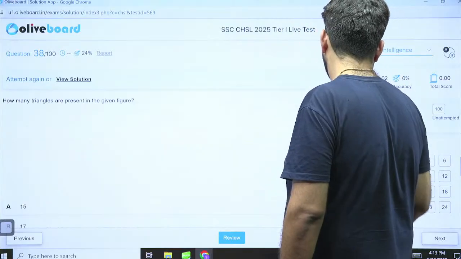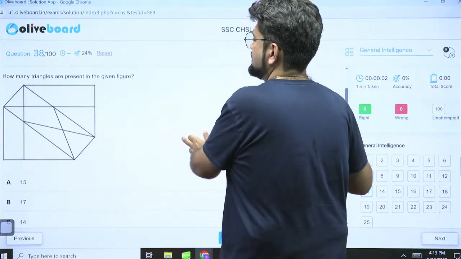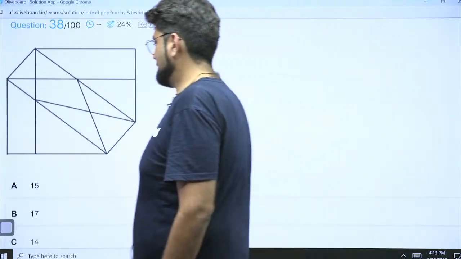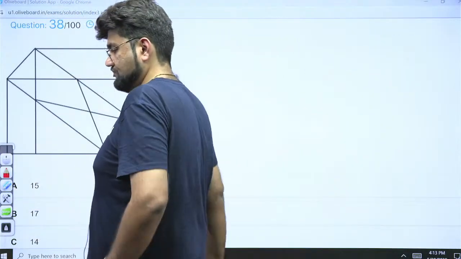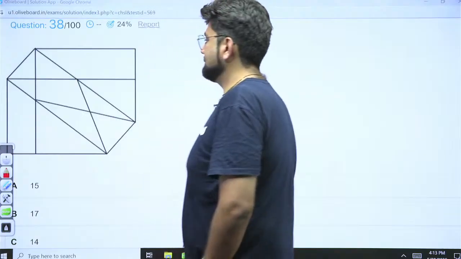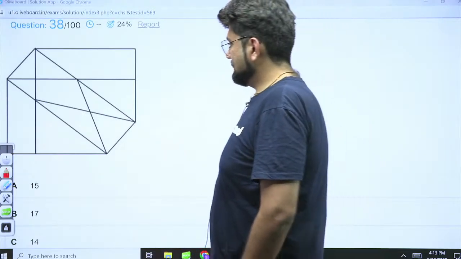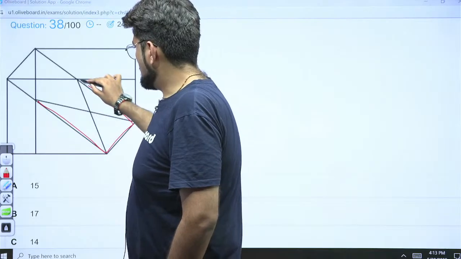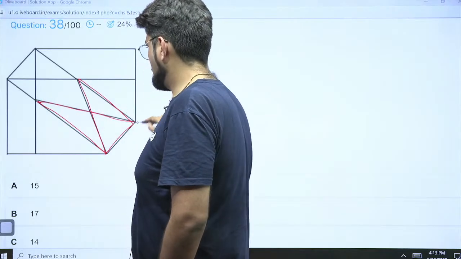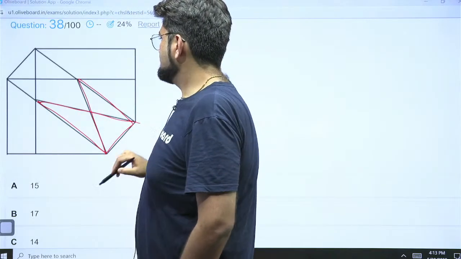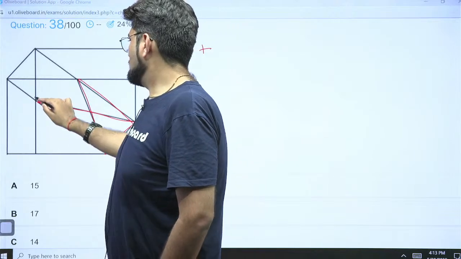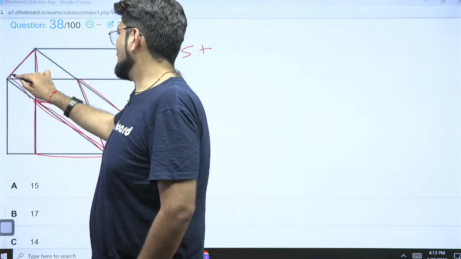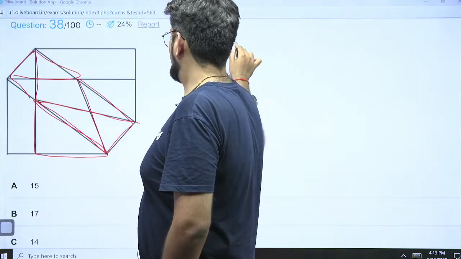So next, how many triangles are present in the figure? Okay, let's see. So this figure right here, we'll start with counting 5 triangles. Then 1, again 5 more triangles, and 1 more.